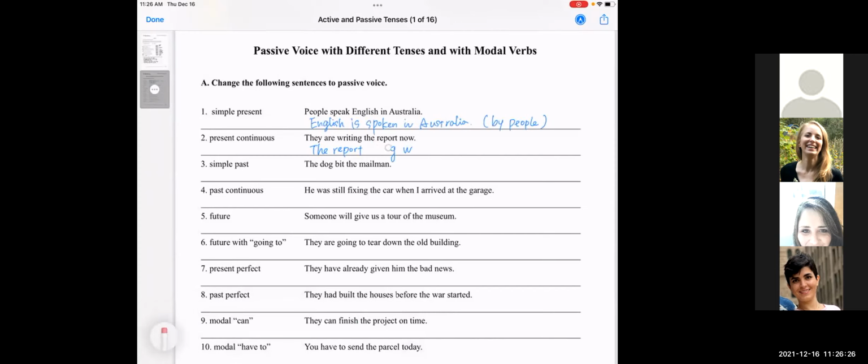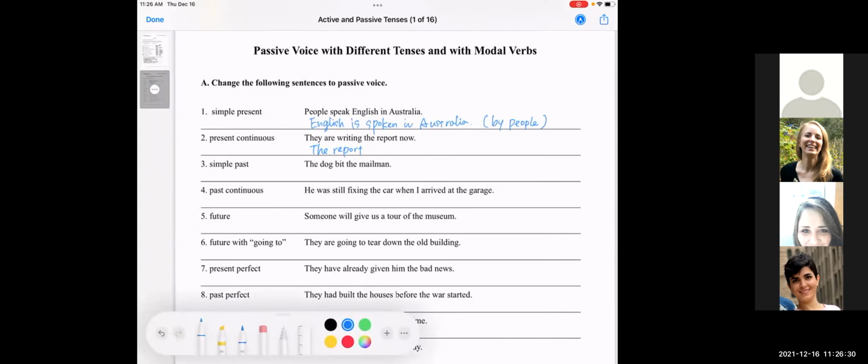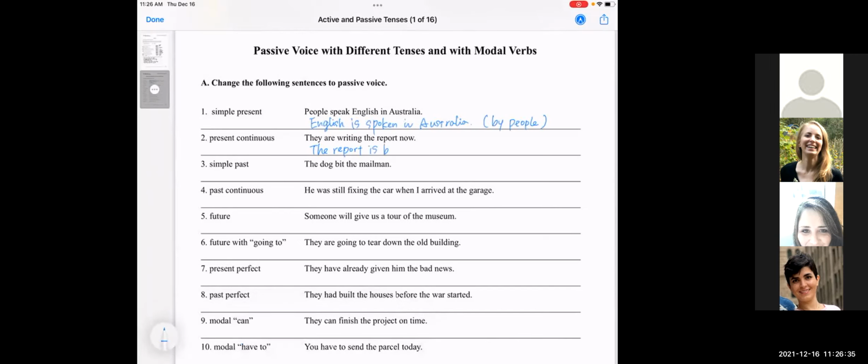The report is singular, so it is being written. Yes, is being written.